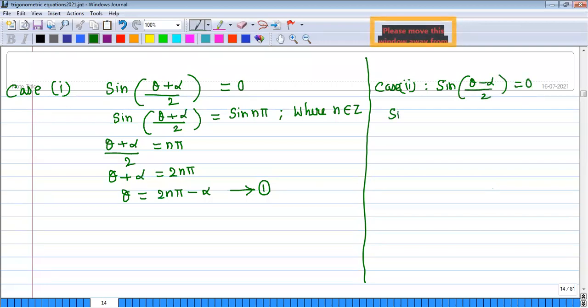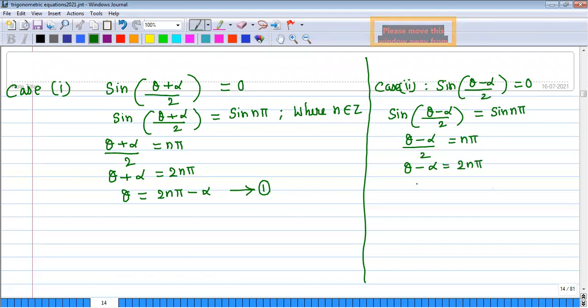So we can write sine of (theta minus alpha) by 2 equals sine n pi. Am I correct? So (theta minus alpha) by 2 is equal to n pi. Cross multiplication: theta minus alpha is equal to 2n pi, so theta is equal to 2n pi plus alpha. Now we need to combine these two solutions, 1 and 2.